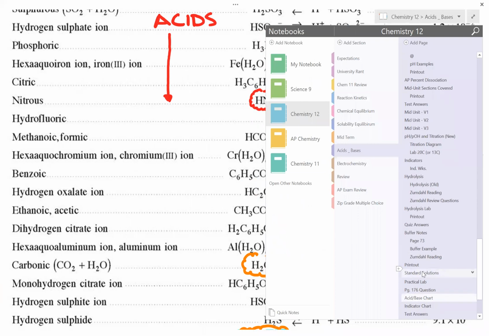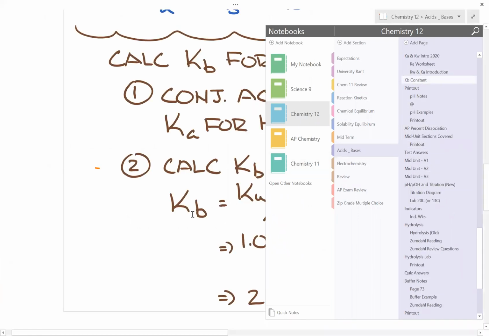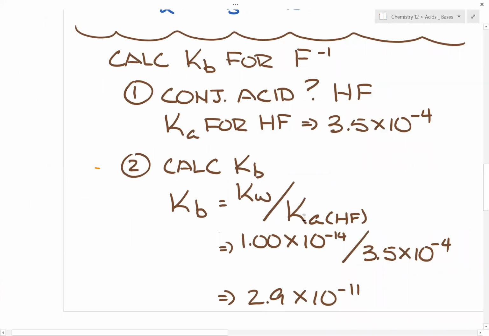And then, because it's a conjugate pair, we just plug in: Kb is equal to Kw over Ka of HF, which is the conjugate pair. We do our calculations, and we get an answer of 2.9 times 10 to the negative 11. And so this is why you don't need a separate column for Kb values, because if you know the Ka, it's very easy to calculate the Kb for the conjugate base.